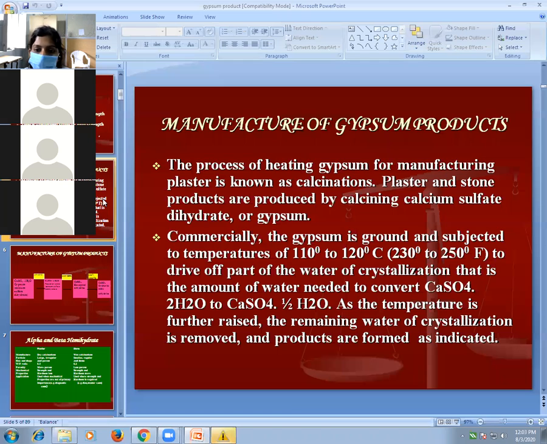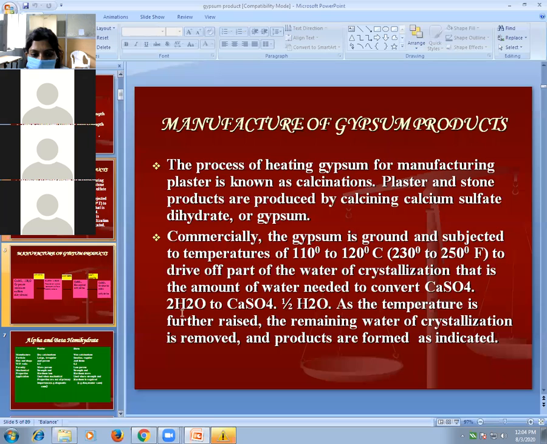Commercially, the gypsum is ground and subjected to a temperature of 110 to 120 degrees Celsius to get dental plaster. That is the amount of water needed to convert calcium sulfate dihydrate to calcium sulfate hemihydrate.